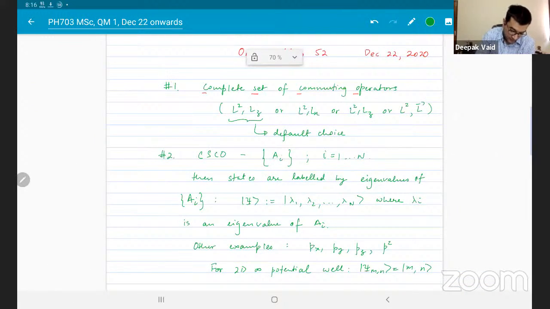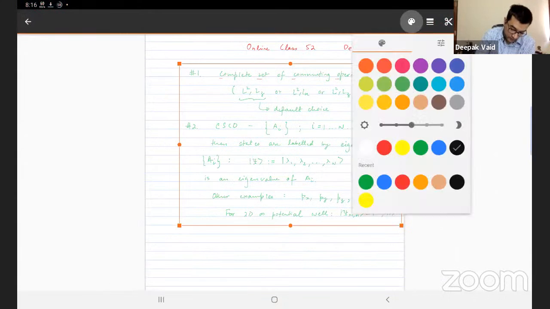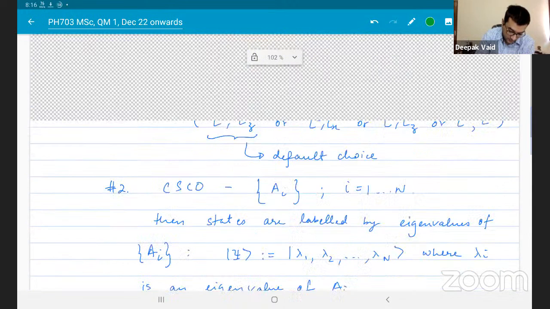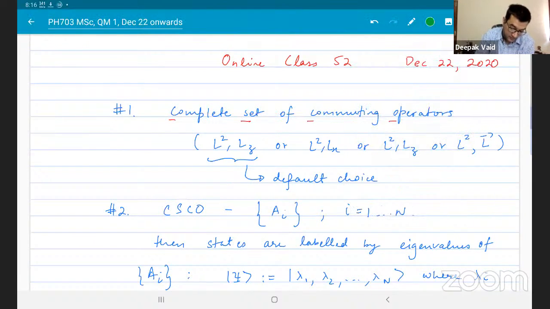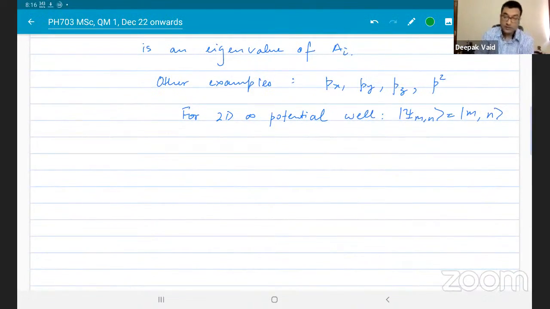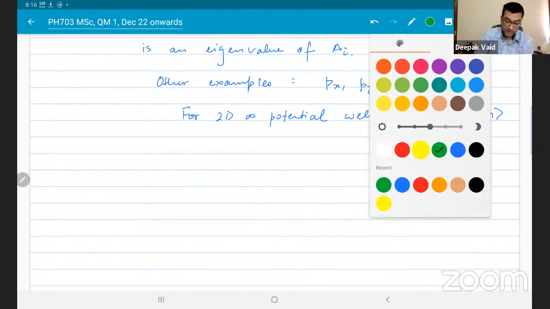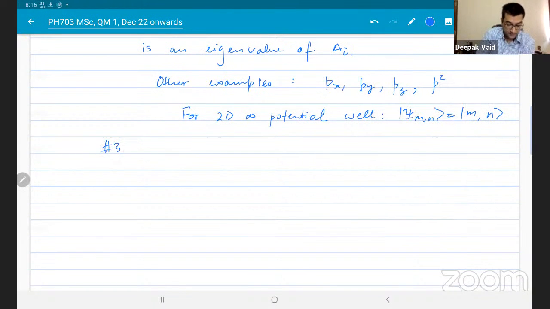Let me actually make all this in blue only. So then after having constructed this complete set, right, then you try to find if there are any kind of ladder operators which take you between the different eigenvalues of this set of operators.